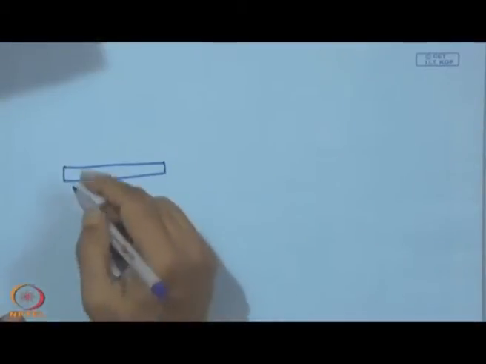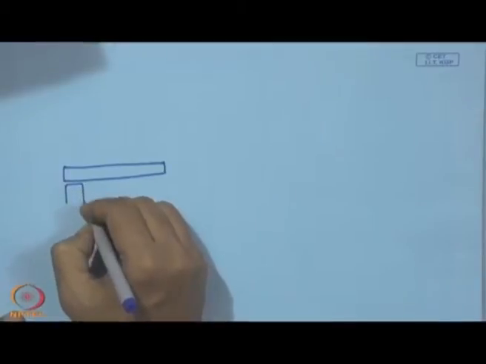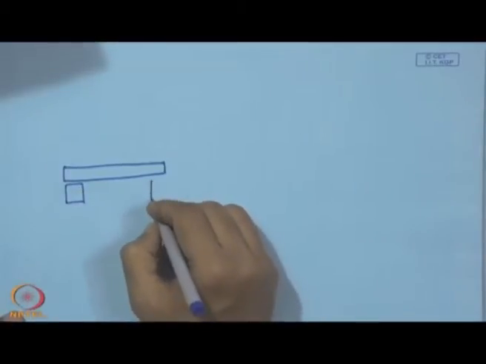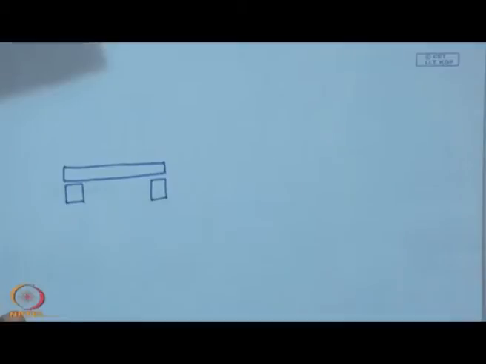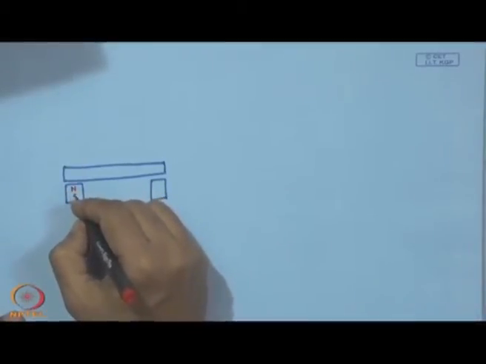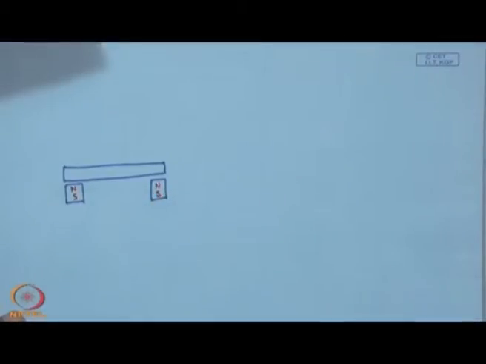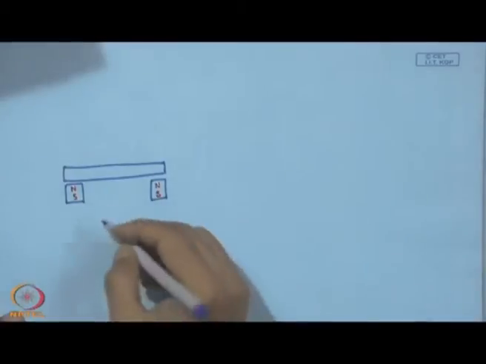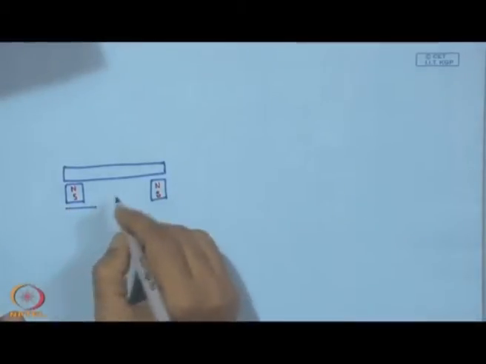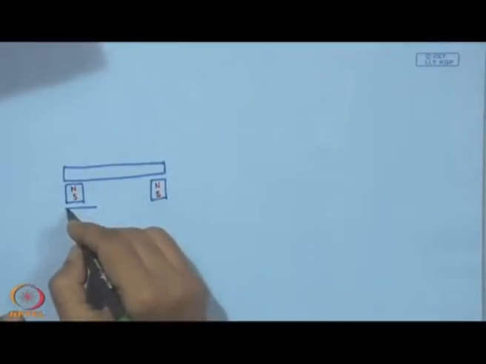And here what we can have, these are the magnets with north south poles, and this is a central pole piece which is kept like this.